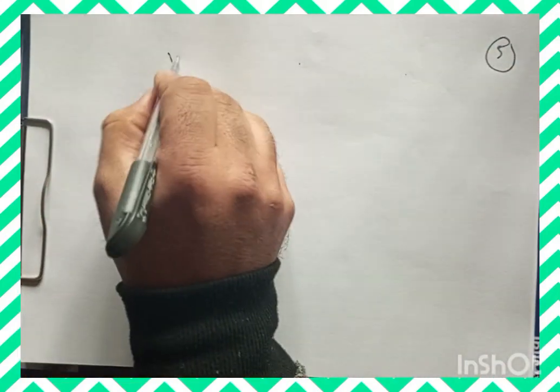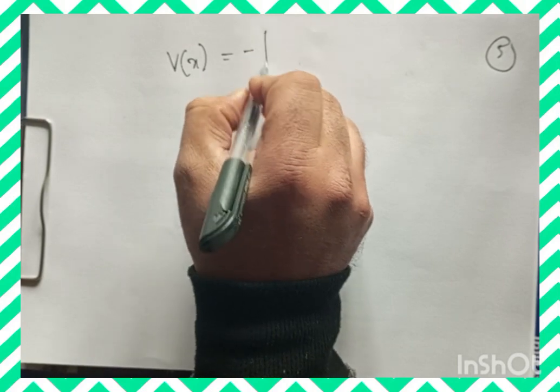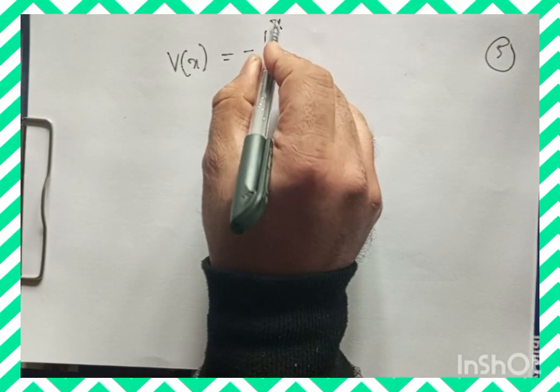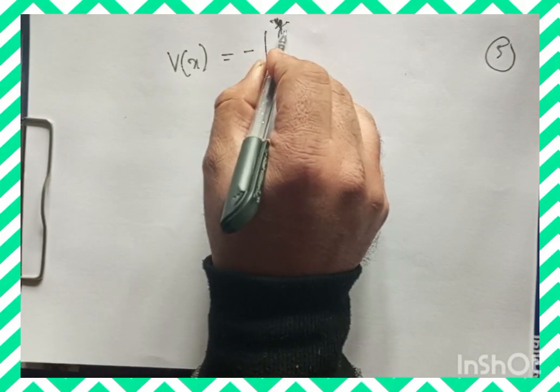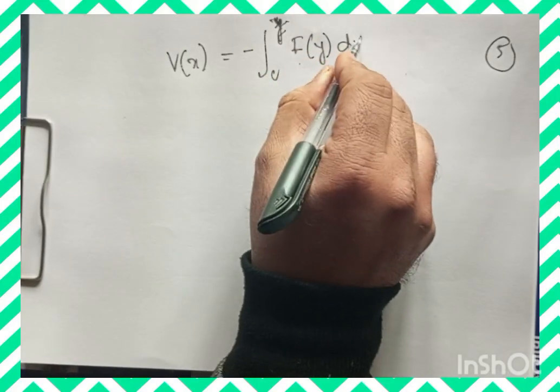So what I should do for that case is calculate that potential energy, and it can be written as V of x equals the negative of the integral from 0 to y of f of y dy.